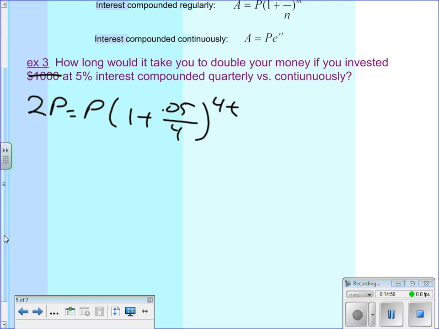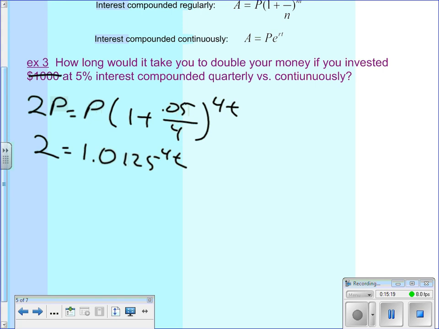Divide both sides by P, I get 2 equals 1 plus 0.05 over 4 to the 4t. 1.0125 to the 4t. First time I've used my calculator this year.